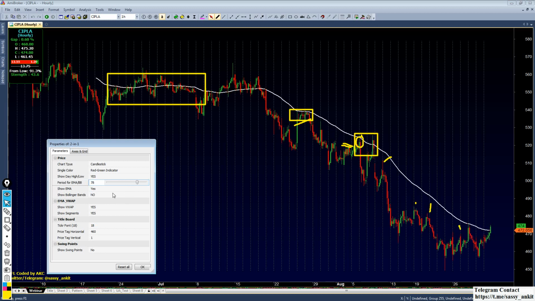this is also acting beautifully as resistance, but you will miss such moves where you could have made a good amount of trade for intraday. So it depends whether you are looking at long term, short term, or mid term.